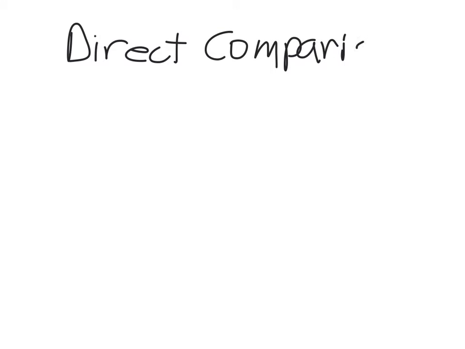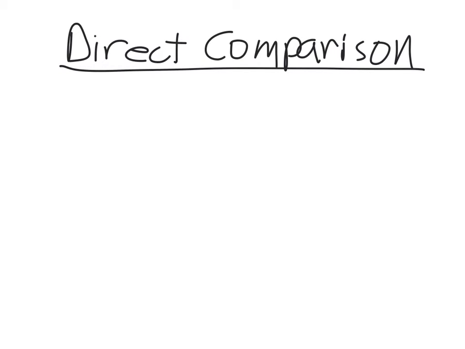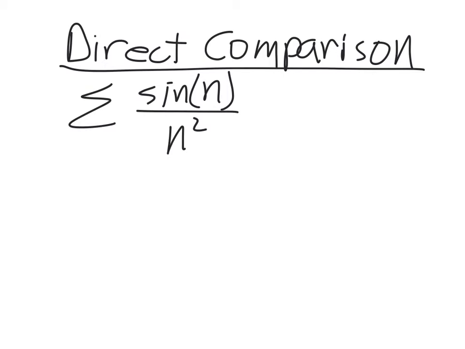Next, we looked at a couple of comparison tests. Direct comparison, yeah. And that one, if we had a really ugly series, and especially if we had something like that where sine of n makes life a lot more difficult.